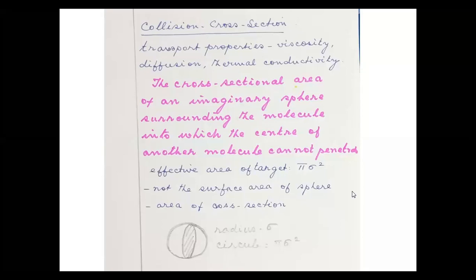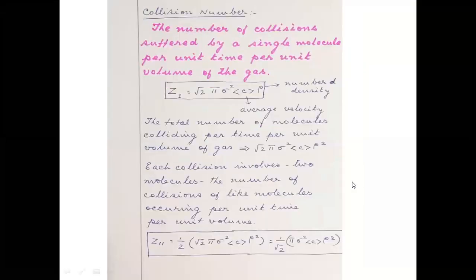Now you listen. So this is called a collision number. Please, I request everyone to pay the fullest attention as the other parts contain more mathematical expressions. What is collision number?